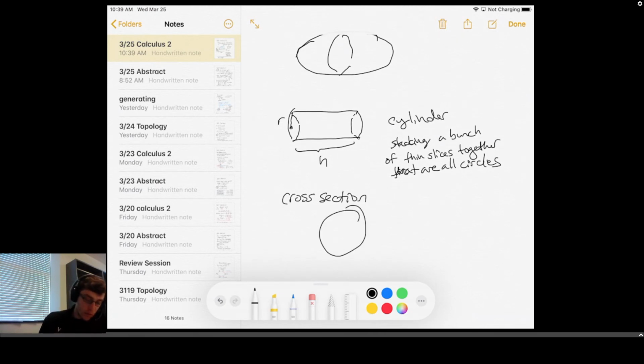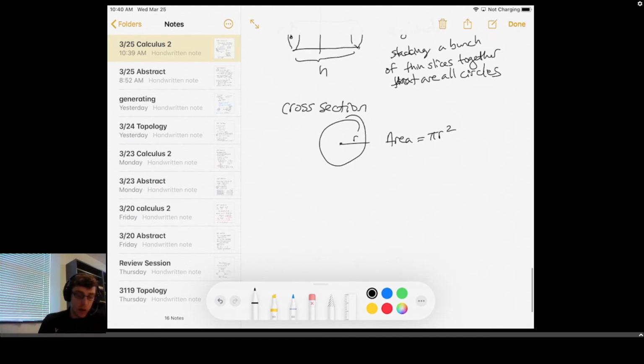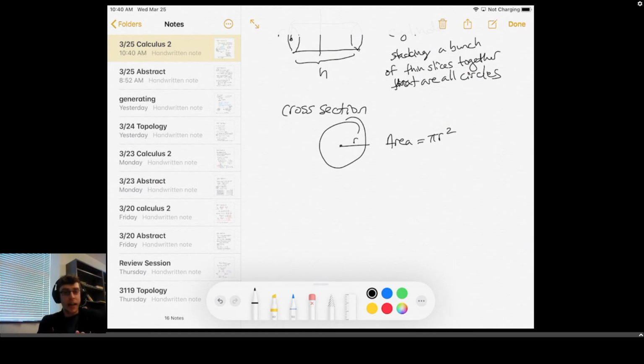If you take a slice right through and see what that looks like, it's a circle of radius r. You've taken away the height aspect and reduced it to a two-dimensional thing rather than a three-dimensional thing. We know the area there is pi r squared, and then you're adding up a whole bunch of these.